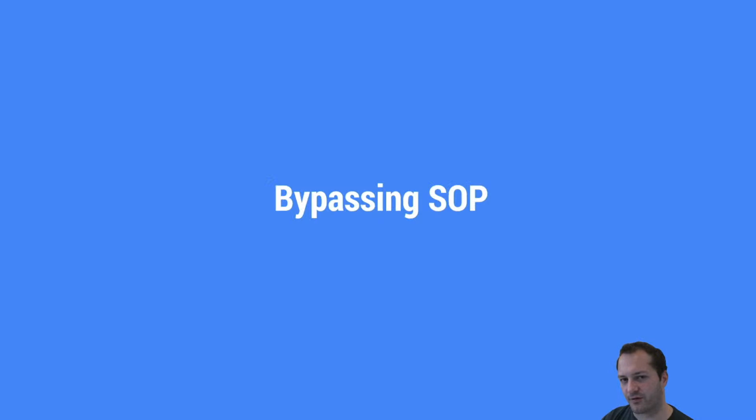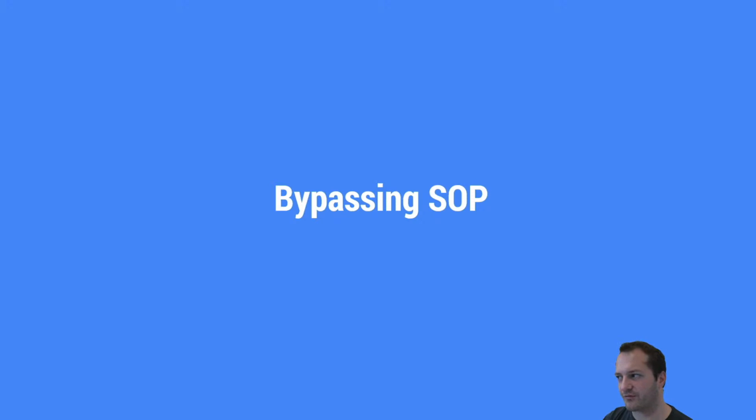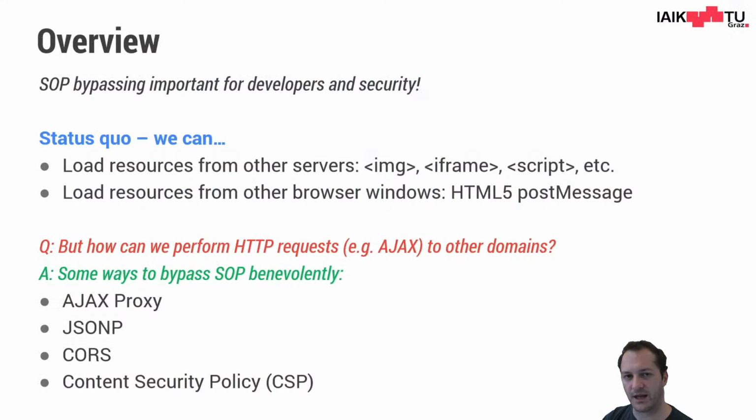All right, so sometimes we have to bypass it. And in this case with Google Analytics, there is no reason to bypass it because it's not blocked the first way. But what if you, for example, have an API on a different origin and you still want your websites to access it?